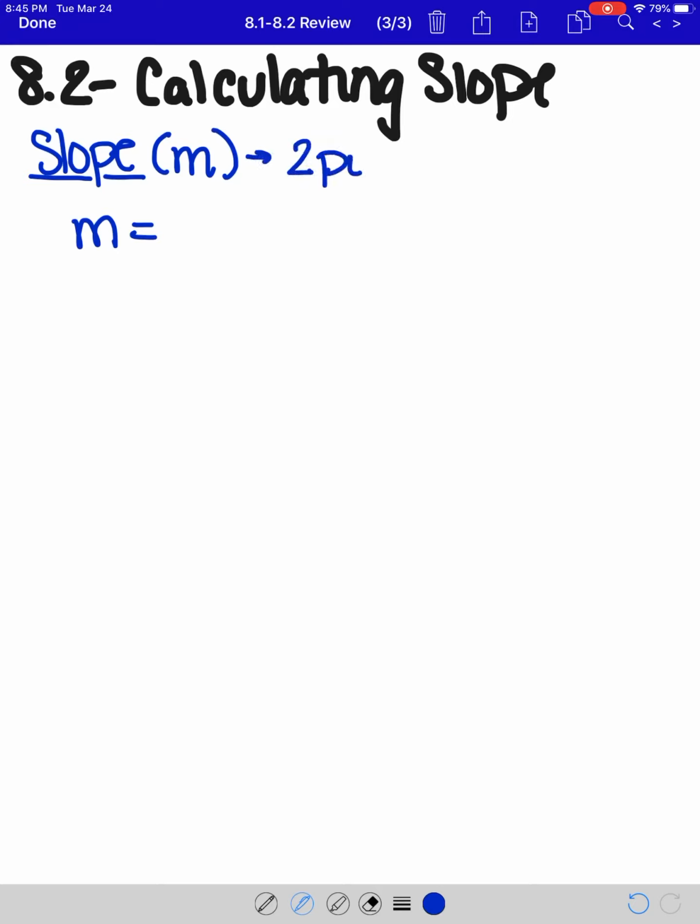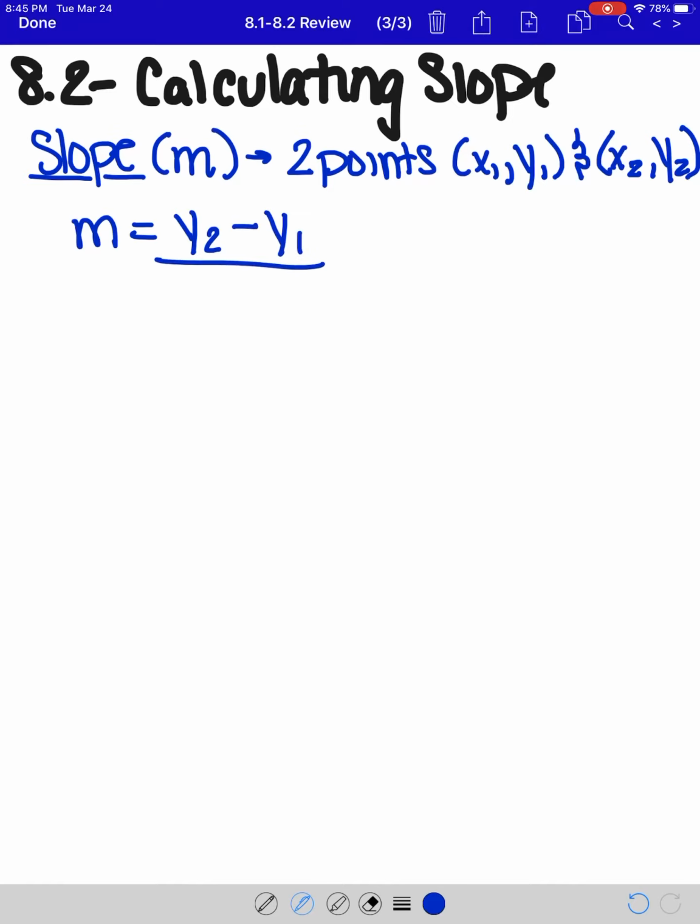So we need 2 points, x1, y1, and x2, y2. Okay, so M is y2 minus y1 over x2 minus x1.